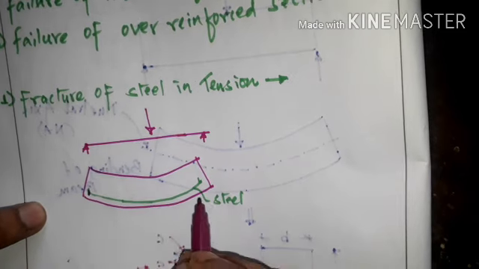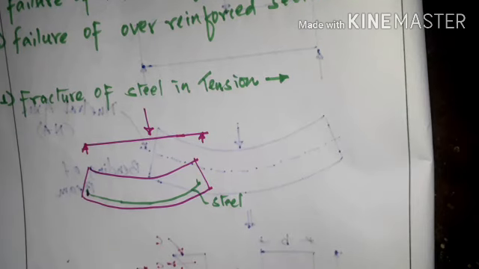So whatever steel we provided in the tension zone, if it is less than the minimum percentage of steel as per the code, the section will fail without giving any warning, or it will fail very suddenly. Because of what? Fracture of steel.